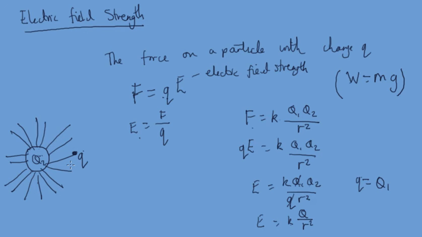The calculation for electric field strength leads us on to what happens when one of the particles has a greater field than the other. So what if we have a particle with positive 1 charge, and then another one here which has twice as much charge, positive 2.